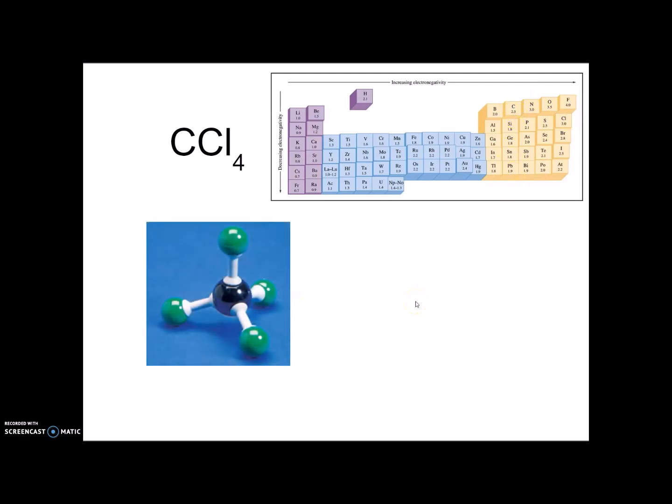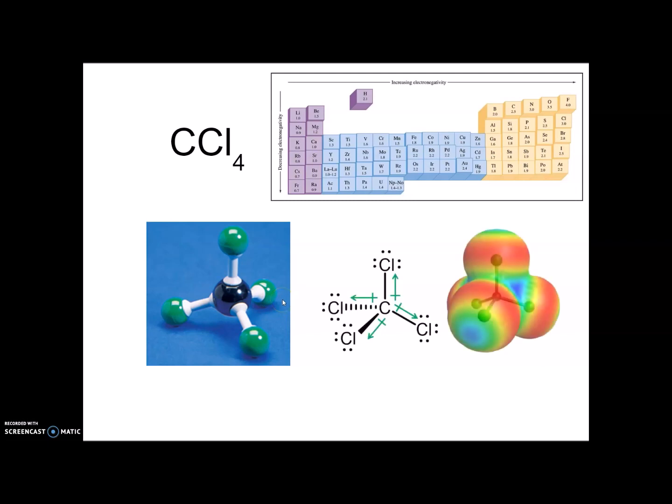The shape again matters, and I do not expect you to be able to come up with this shape yet, but we will shortly. In a week or two, we'll be able to draw this. This molecule shape is called a tetrahedron. It's a pyramid with a triangular base, and all of the bond angles are the same, 109.5 degrees apart.